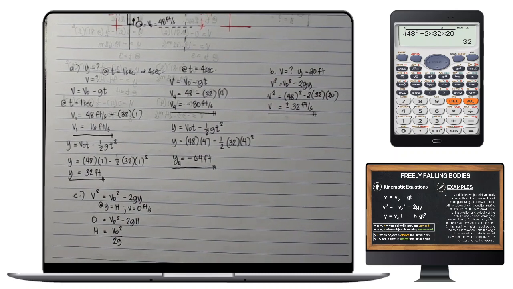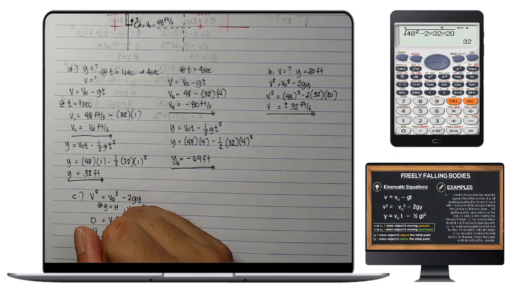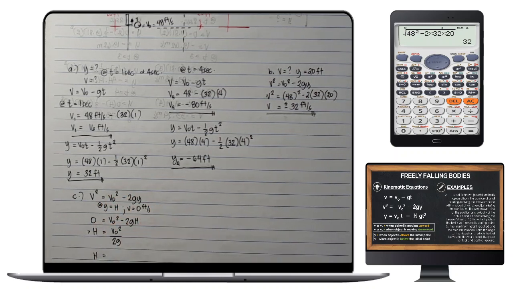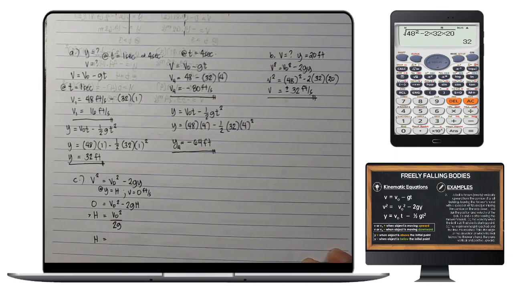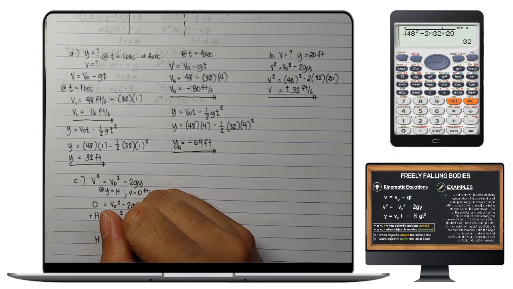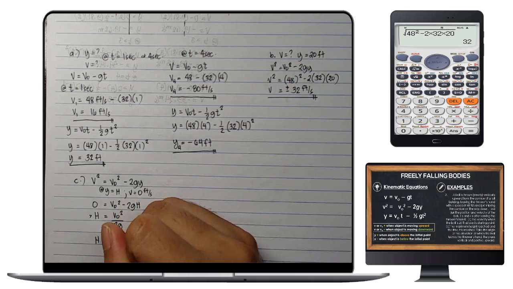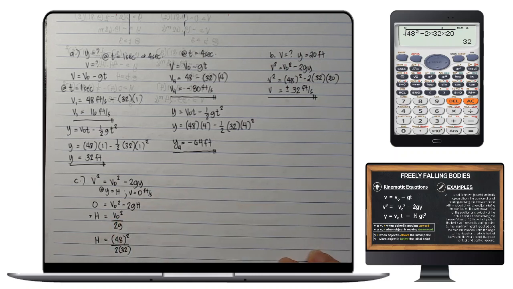Okay? So, maximum height, meron tayong formula. Substitute na lang natin. So, VO natin is 48. So, that is 48 being square divided by 2G. That is 2 times 32.